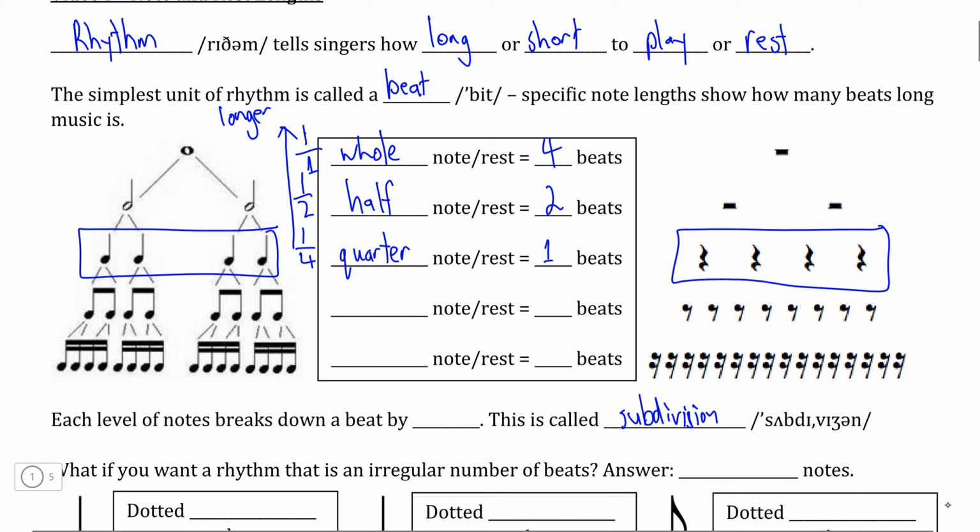Again, this is a little bit confusing because the fraction in the name of the note or rest doesn't actually represent the number of beats, but this will become more apparent when we talk about how beats are organized.